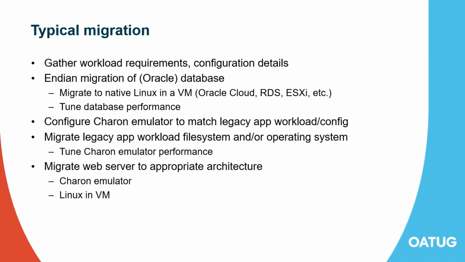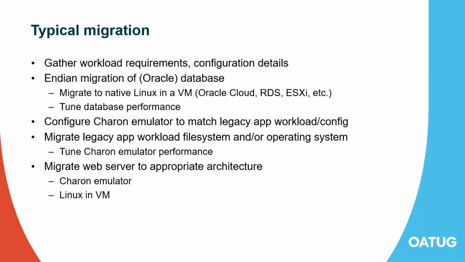Then migrate your legacy application using any one of the appropriate migration methods, and get your emulator tuned for performance. So number of disks distributed across SCSI channels and things of that nature, and then all the performance tuning that you would do in your legacy guest OS like Solaris or VMS or whatever.